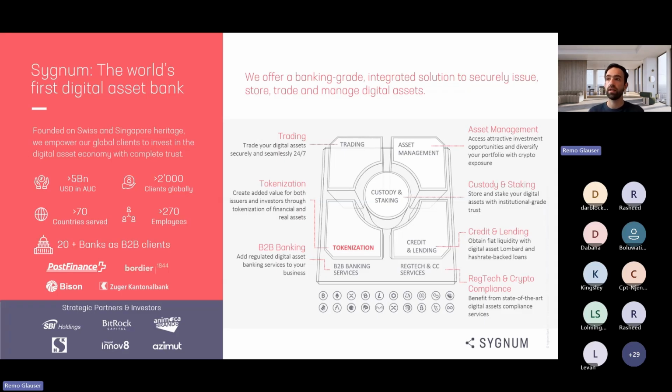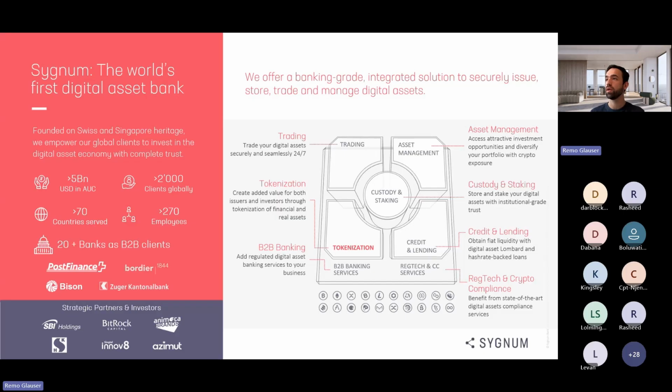We offer credit and lending, a big need actually as well in the crypto space. For instance, you have your Bitcoin, but you don't want to sell it for good reasons, but you still need some fiat currency to buy a house, or at least a part of it. Then we offer credit with crypto as collateral, or also innovative products like hash rate backed loans, where miners can get a credit while backing the credit with the hash rate which they have based on their devices.